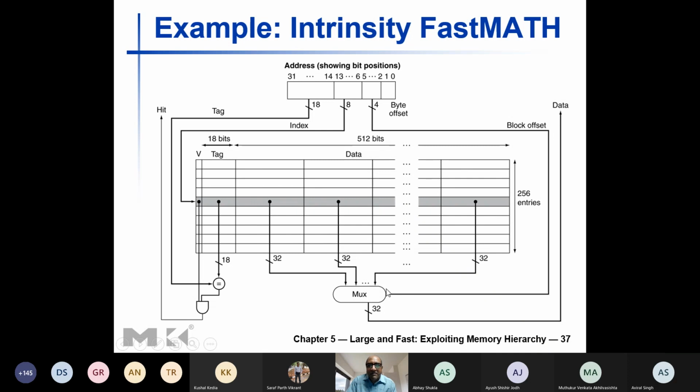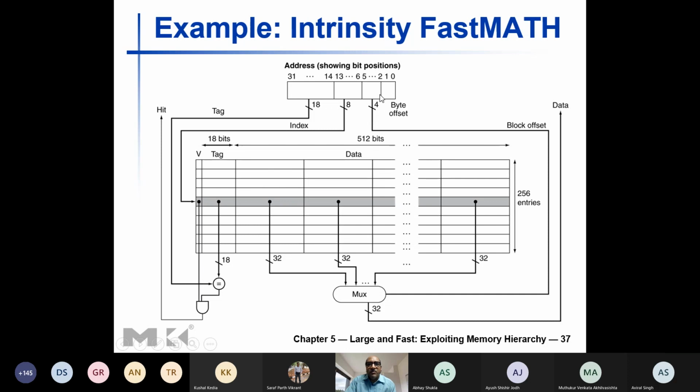That will be picked up by using a multiplexer. These 16 words, the entire block, are given to the multiplexer, and from this block it will pick up the desired word. The control information is taken from these 4 bits, because they indicate the word index, that is, which word in the block is required by the CPU.